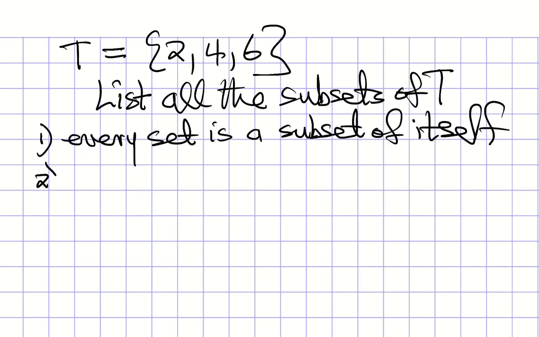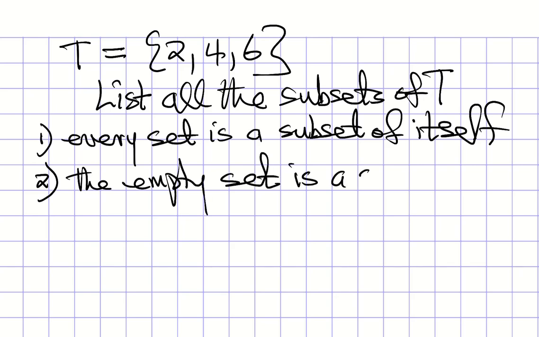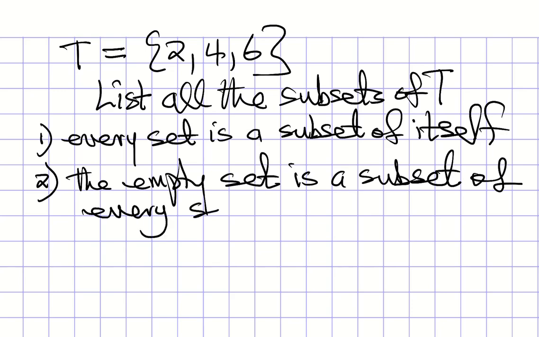And then the second observation, the empty set is a subset of every set. All right, think about that, because the empty set contains no element, so it's a subset of every set, right?